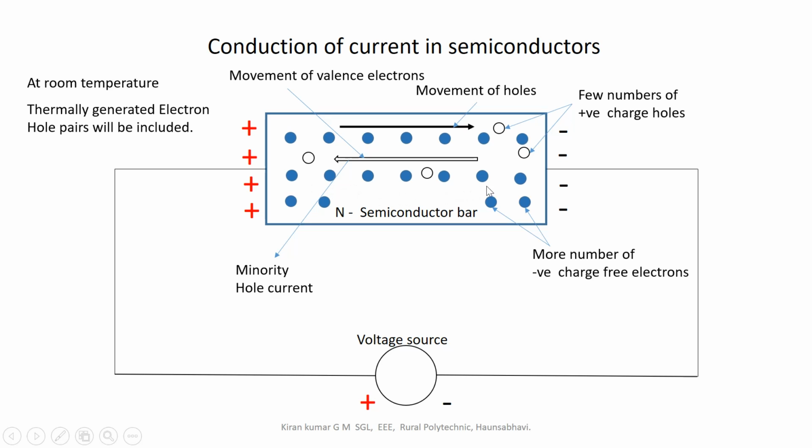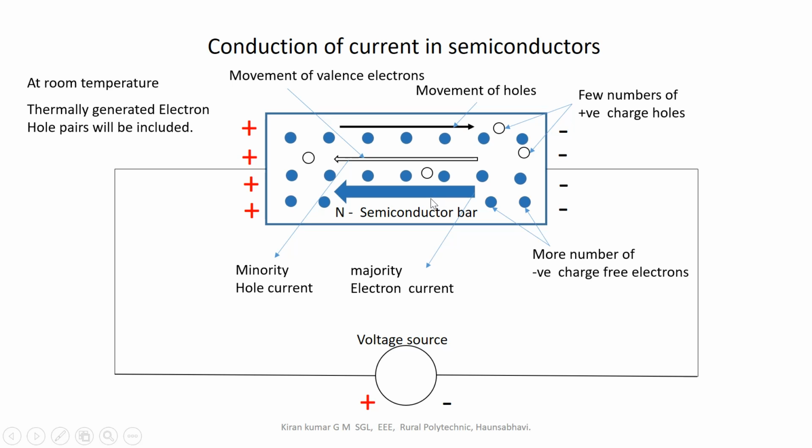Large number of free electrons present in the N semiconductor bar will be moving from the negative terminal here towards the positive terminal and reach the positive terminal of the voltage source in the direction mentioned with the continuous large arrow.